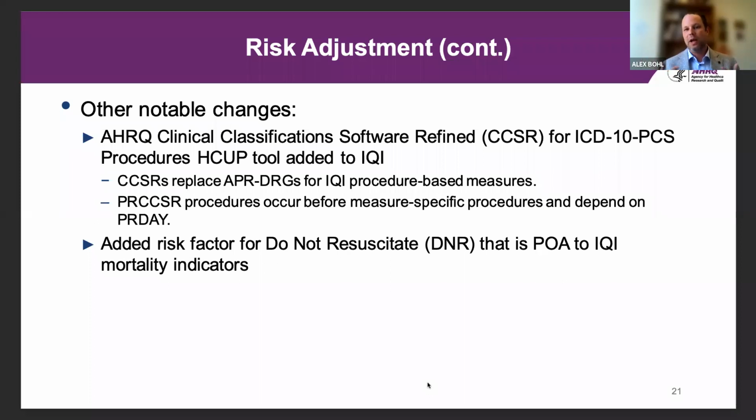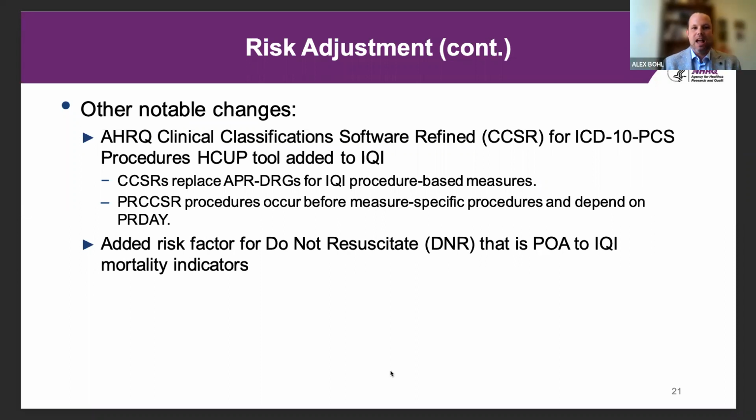By leveraging these two HCUP tools together, we've been able to produce similar risk adjustment results that are scientifically acceptable. And this gives us a little bit more flexibility when developing the models and tailoring those to the quality indicators. And so there's no longer a need to run that limited license model for the APR DRGs for risk adjustment.